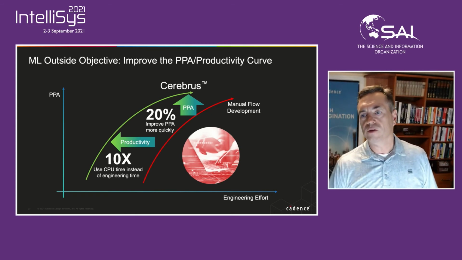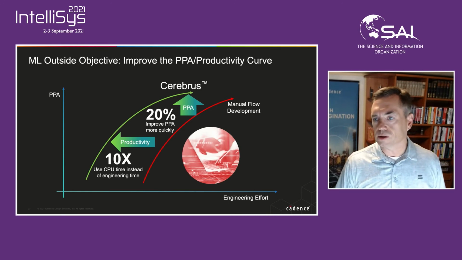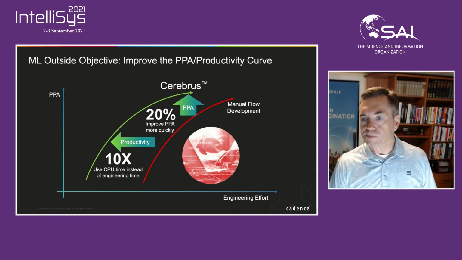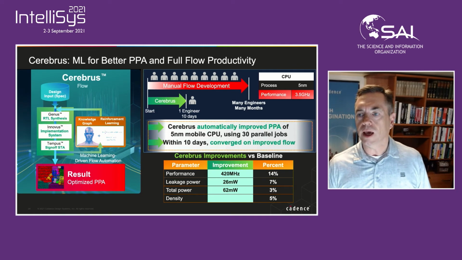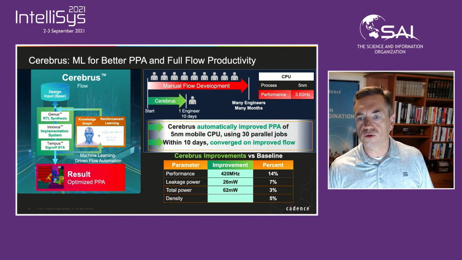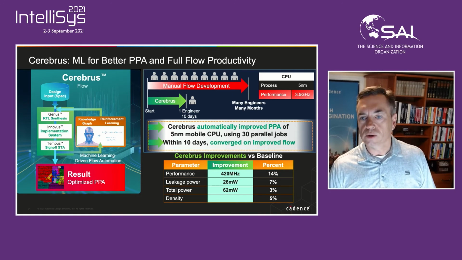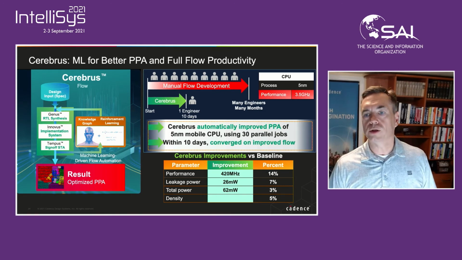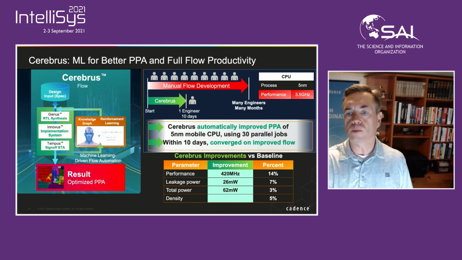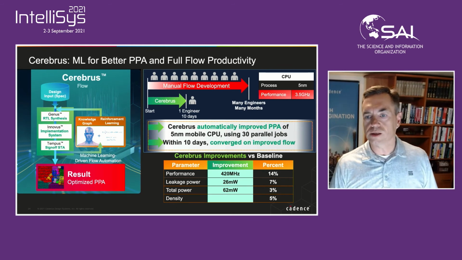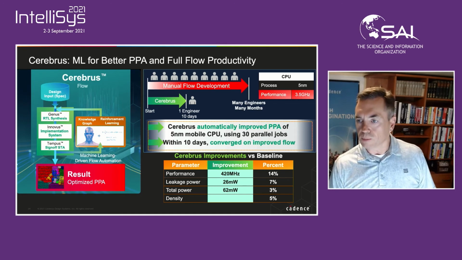And that's what we have introduced a while back with something we refer to as Cerebrus, which is essentially a tool environment in which you take the design input, you run through your flow, and as it comes through different results, you train with reinforcement learning a neural network, really taking the designer's variation of the different options and so forth, and learning what the best results are, and doing it in a parallel environment.